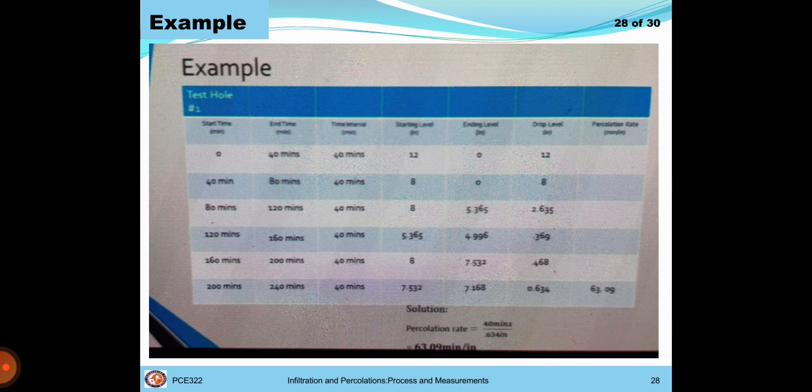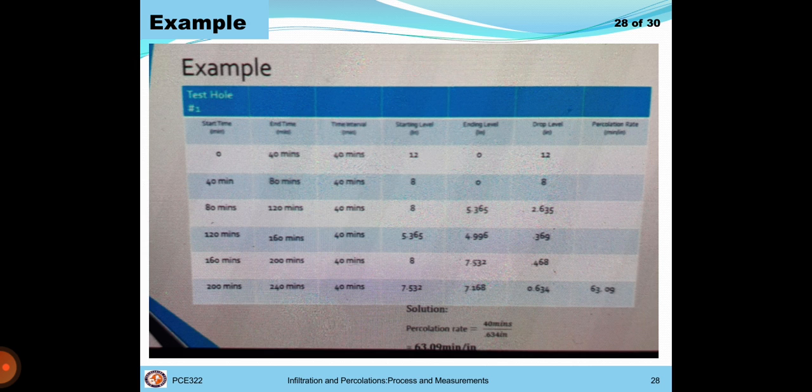In the first row, it starts at 0 minutes to 40 minutes. So, the time interval is 40. Then, the starting level of water is 12. Then, the ending level is 0. Then, the drop level is 12.